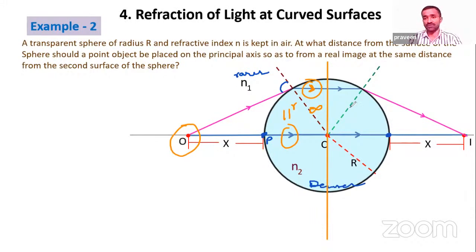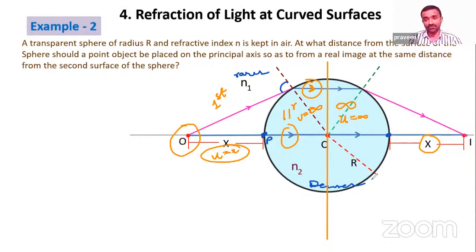In the second surface, light rays are parallel and incident on a concave surface, which is the case when the object is at infinity. So u is considered at infinity distance. Then where will the image be? At x distance. So for the first surface, the image is at infinity because after refraction the light rays become parallel, and the object distance is u equals x.